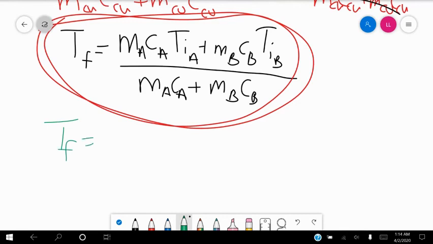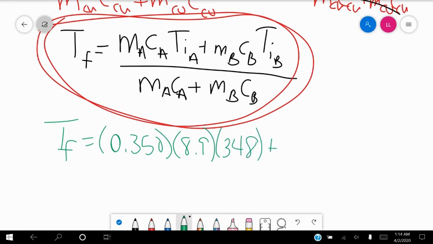So I've got the coffee, 0.350 times the specific heat, 8.9 times 348. Now you do have to convert these temperatures to Kelvin because these are absolute temperatures. They're not temperature changes anymore. So make sure you convert.